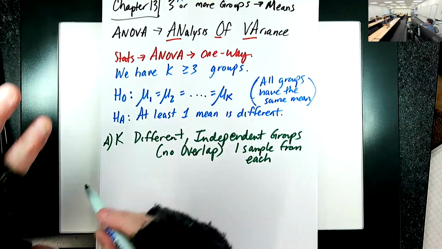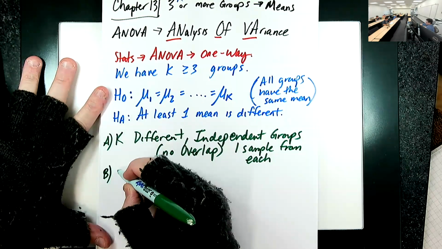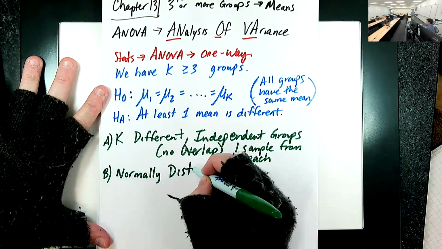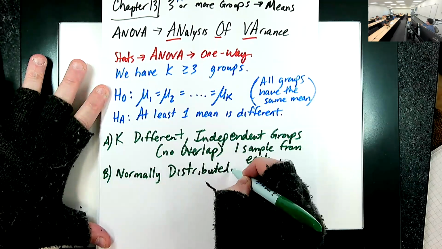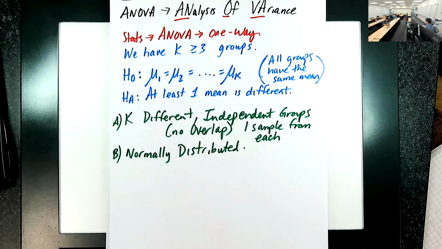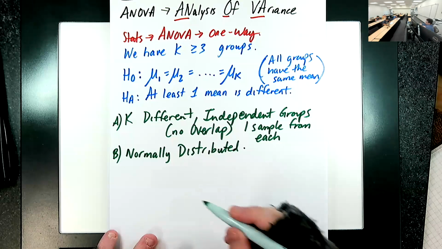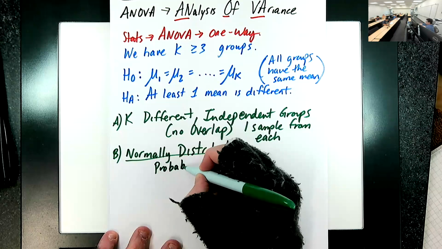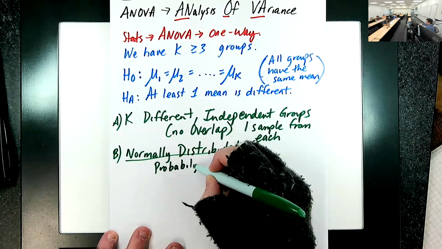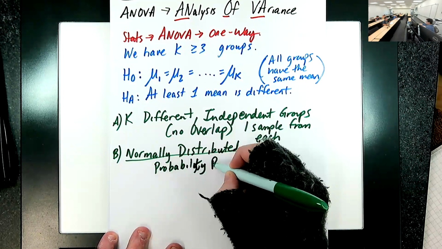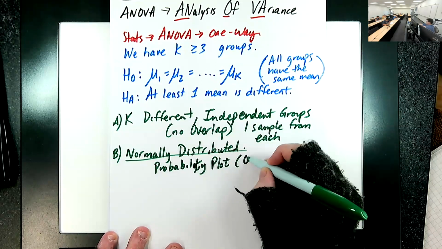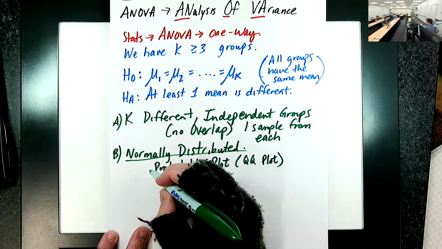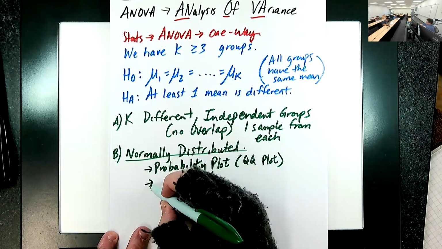Just like everything in this thing, we want them to be normally distributed. In this category, many of the problems will tell you a probability plot shows normal distribution. Probability plot, that's a QQ plot. Looks good, and the box plot has no outliers.